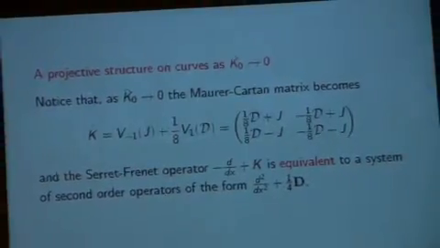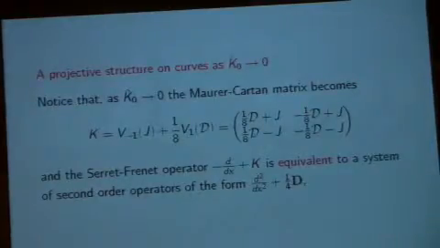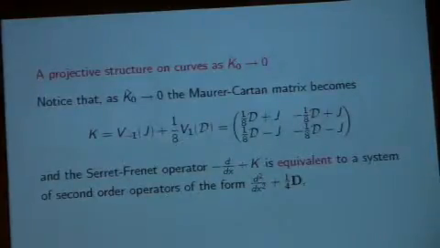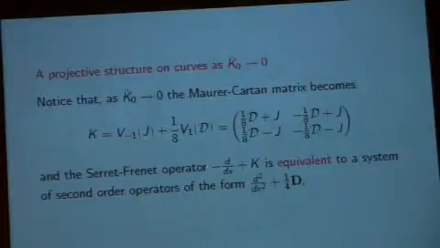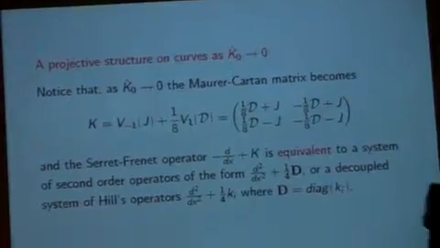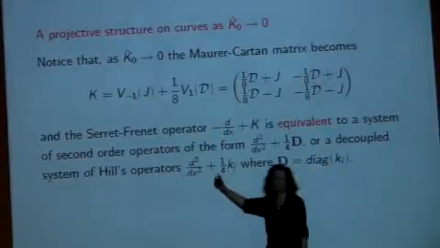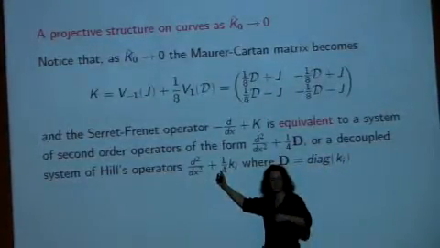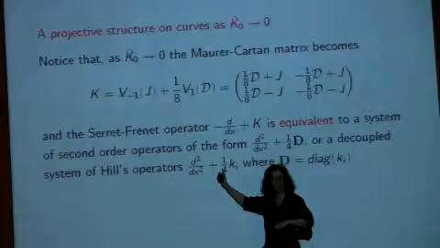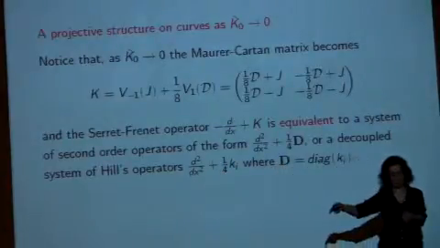And as you play a little bit, you realize that this operator is actually equivalent to a decoupled system of second-order Hill's equations operators. So it's this one, or this diagonal. And each one of them defines a projective structure on the curve, because for Hill's operator, the solutions define a map locally to RP1.